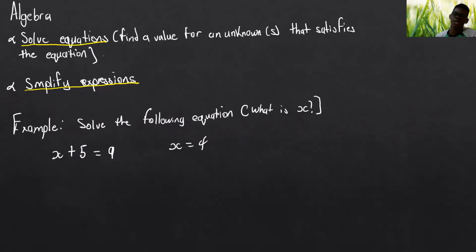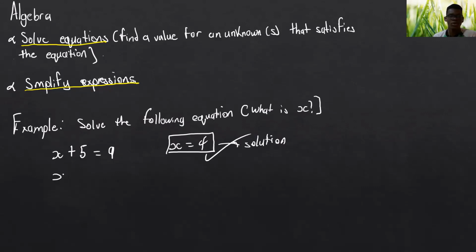The only possible answer is 4, because from prior knowledge of addition, you know that 4 plus 5 is going to give you 9. That is the only possible value that satisfies this equation. And because x is equal to 4, we say this is a solution for this equation. It tells us what value x is.